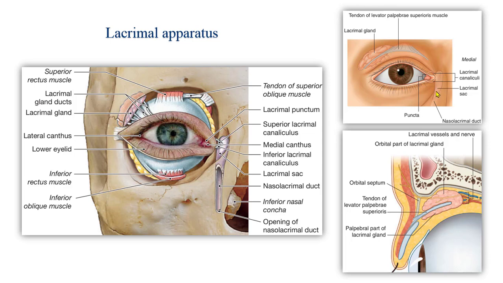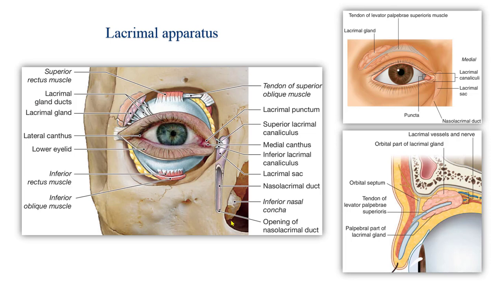It is the superior portion of this vertically running tube, which is called the nasolacrimal duct. After lacrimal fluid passes into the lacrimal sac, it travels inferiorly into the nasolacrimal duct until it exits through the opening of the nasolacrimal duct.